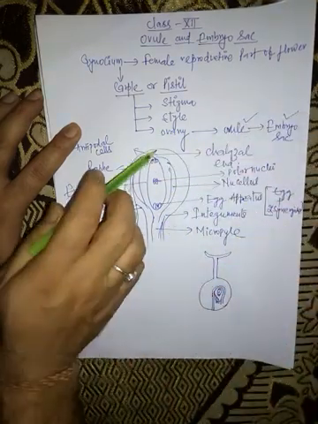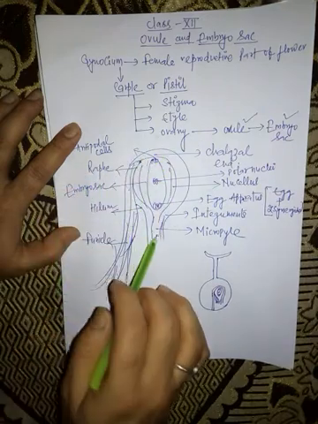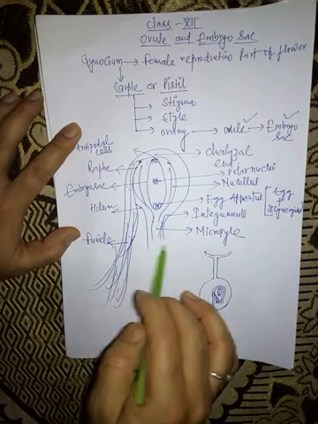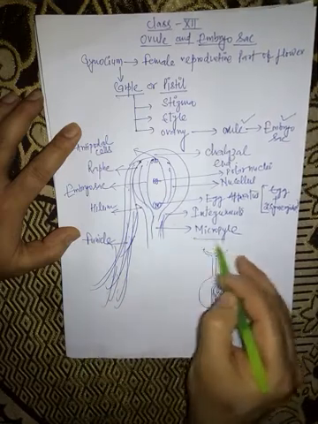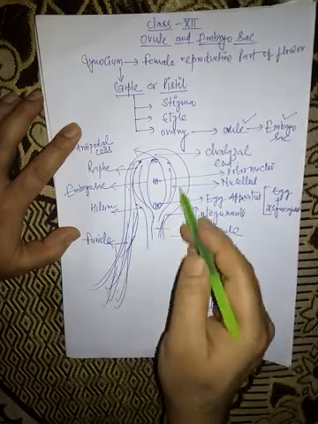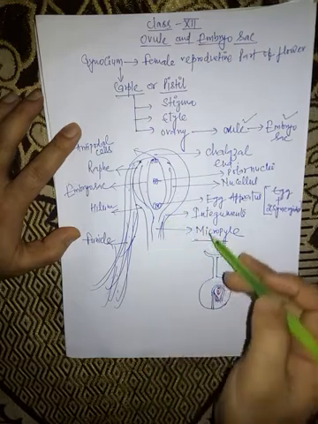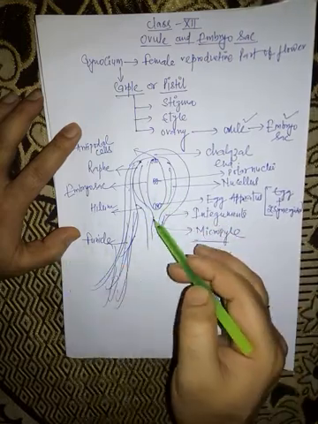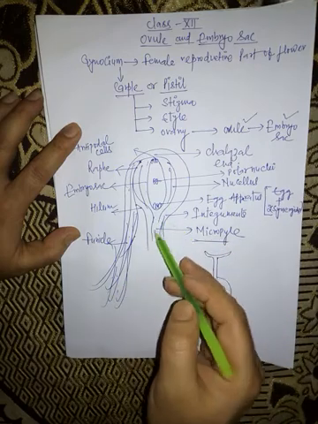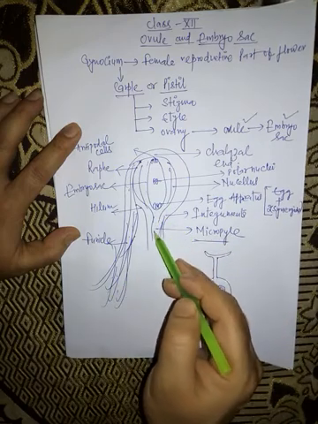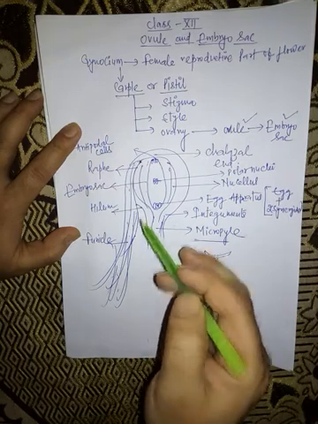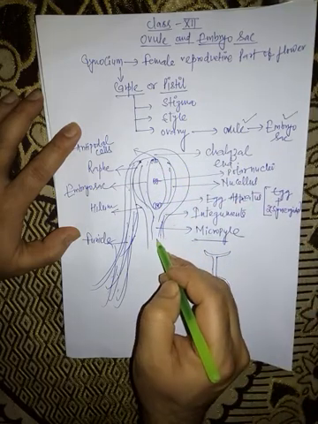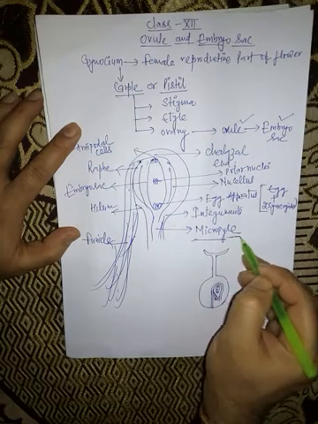One side is called chalazal end and on another side the integuments form one opening. This is called micropyle. These are the integuments. Integuments cover the embryo sac and provide protection, and they form one opening on the lower side, opposite from the chalazal end. This opening is called micropyle, right?